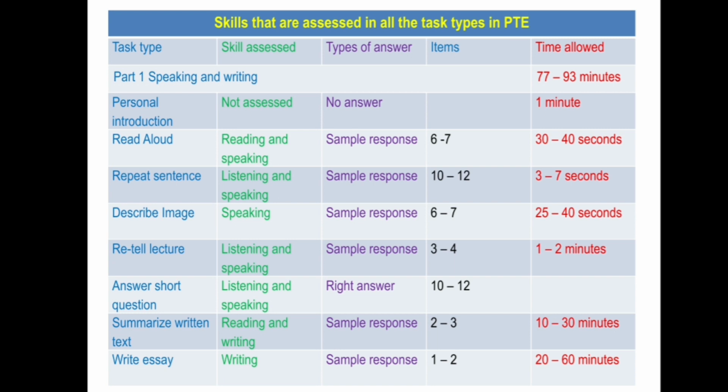Here sample responses are given on the computer screen. You just have to read it. The item types you will face here are 6 to 7. It varies from student to student. The time for these items is 30 to 40 seconds.